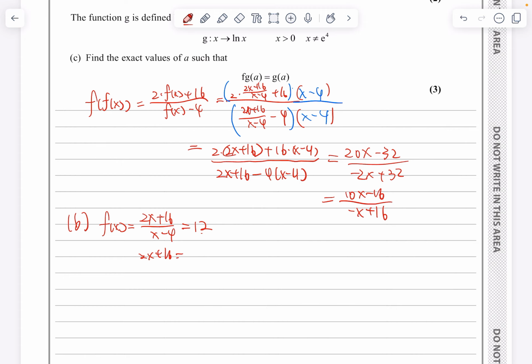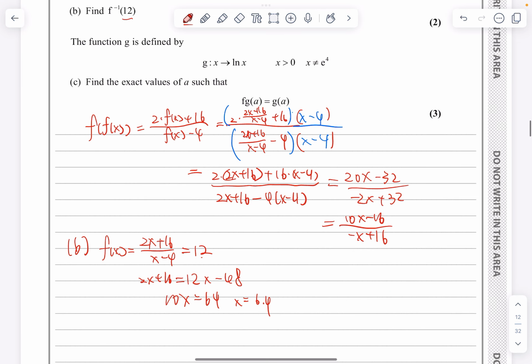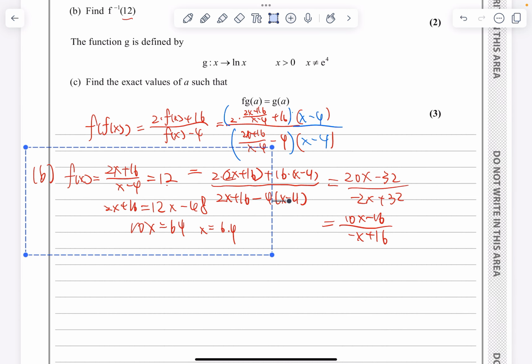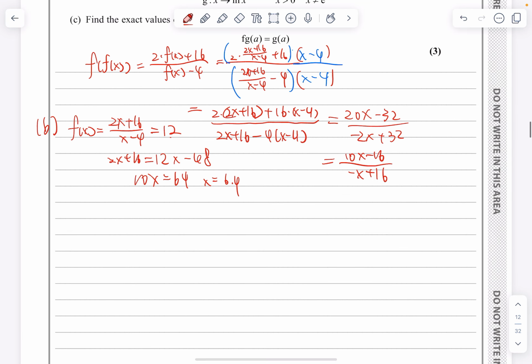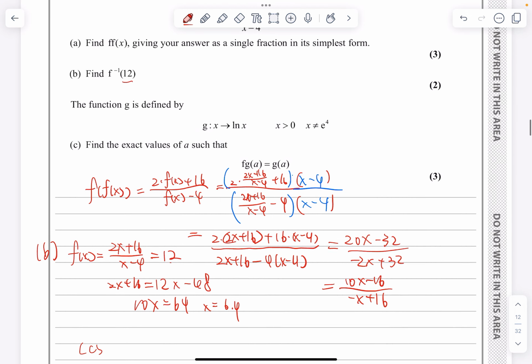Then we solve this. Yeah, I think that's the easier way to do it. Yeah, I don't think I want to explain more on that.